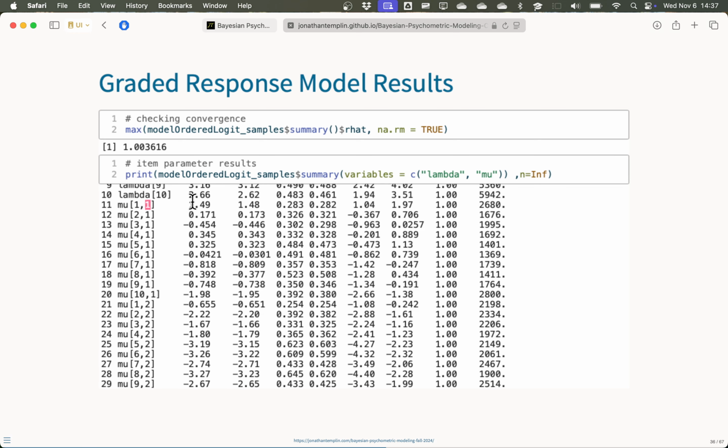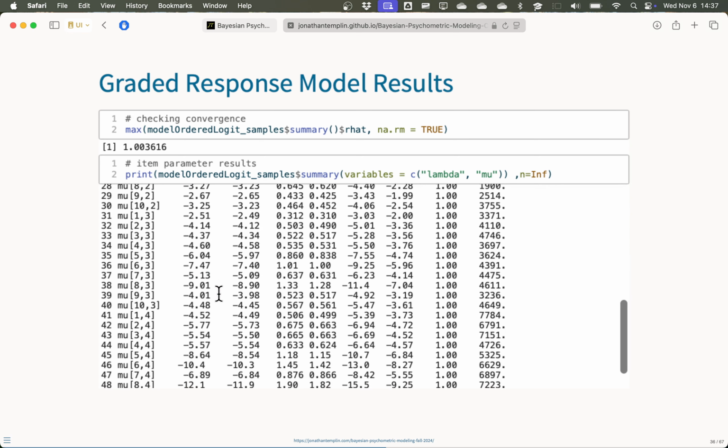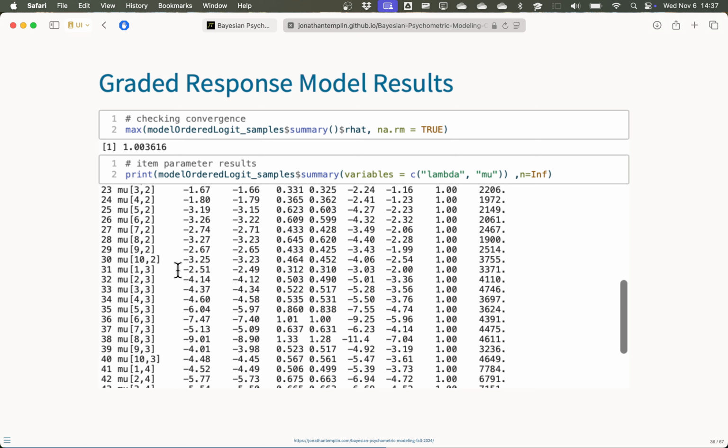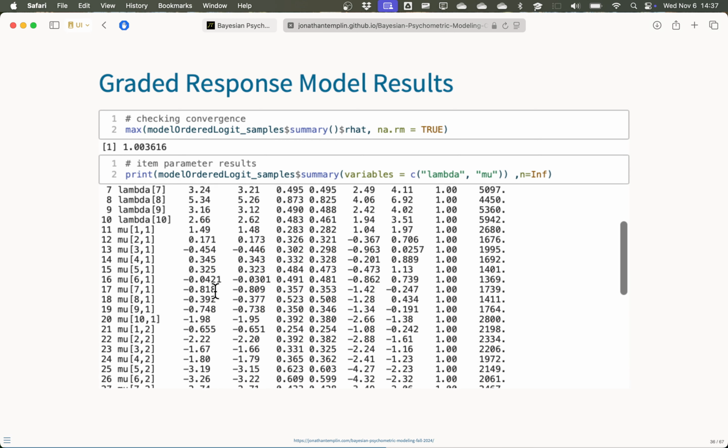So mu11 is 1.49. And mu12 is less than 1.49, or negative 0.655. Mu13, item 1's third threshold estimate, was negative 2.51, and the fourth one happened to be negative 4.52. You can see these are in order, decreasing as we wanted them to do.